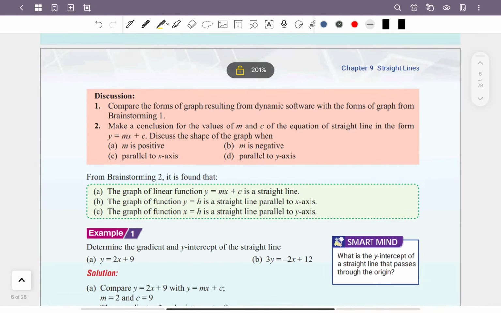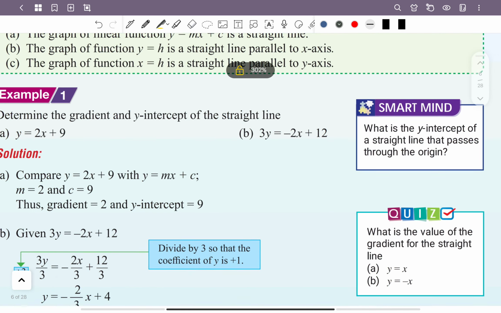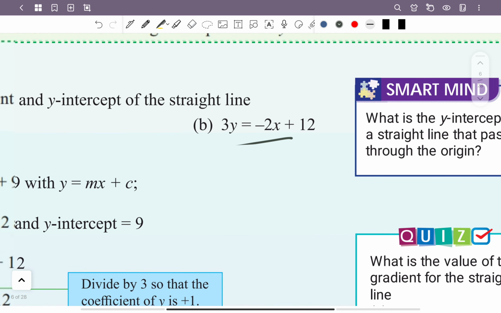Example 1: determine the gradient and y-intercept of the straight line. For this question, how you would solve it is you just need to look at the equation. Very simple. So look at the equation. You have the equation here, and you need to know the equation of a straight line.